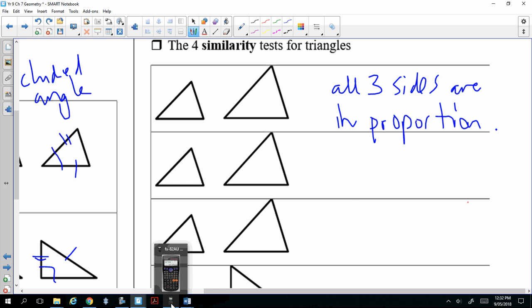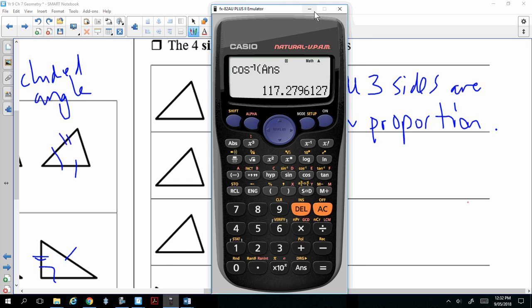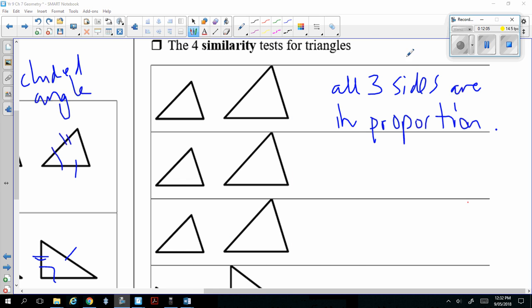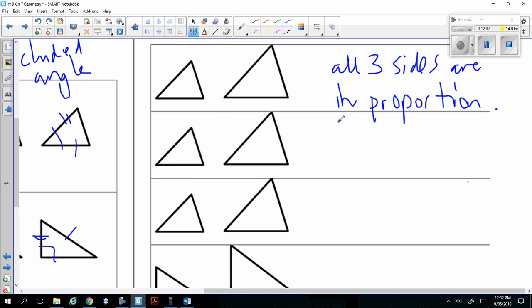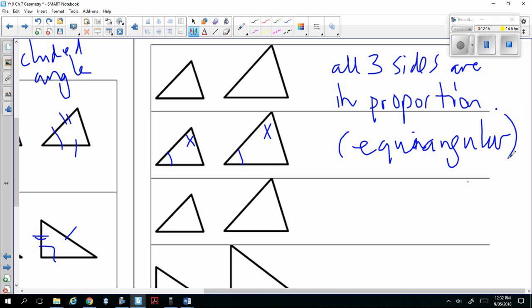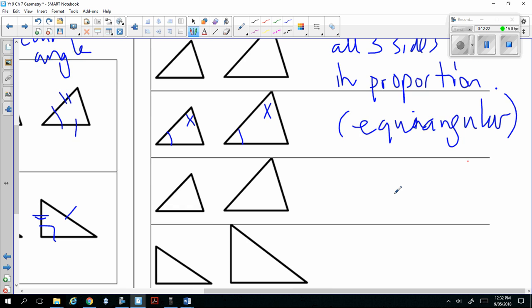Okay, let's continue. Next one, two angles are equal, two pairs, so you say equiangular. Another one is the two sides. And then you have this one we just used today, two angles and the sides are in proportion.